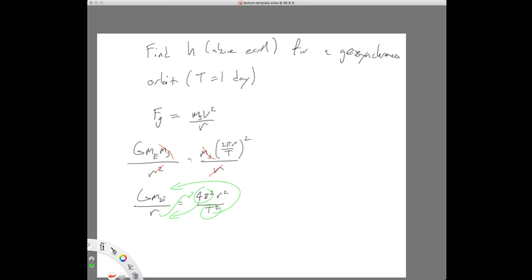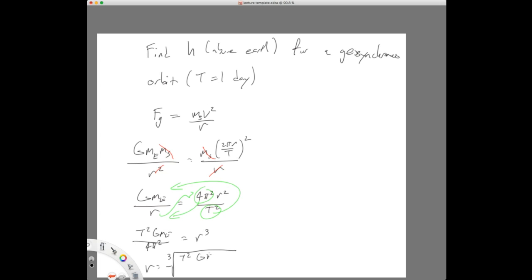Okay, so we're doing some algebra. We're going to get T squared G M Earth over 4 pi squared equals r cubed. So to get r, we have to take the cube root. Make sure you know how to do a cube root on your calculator.